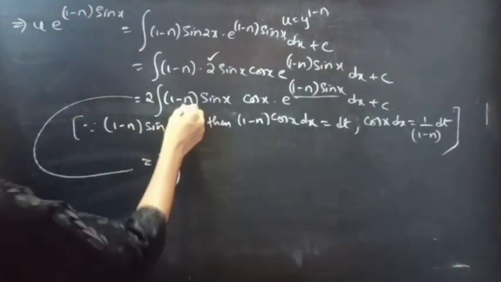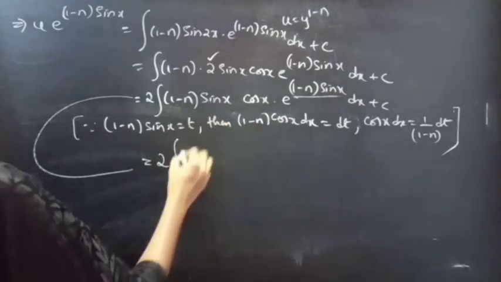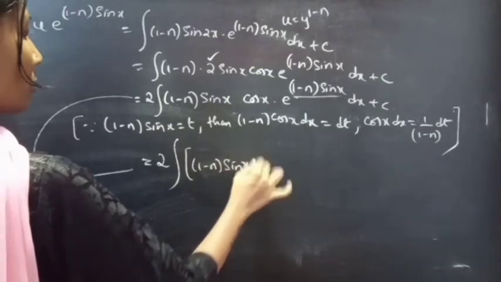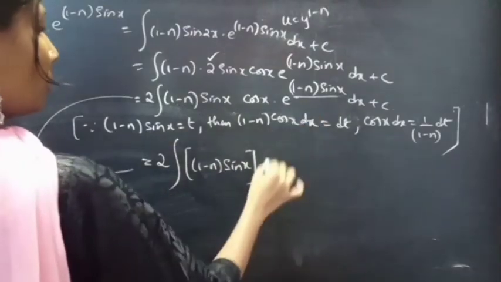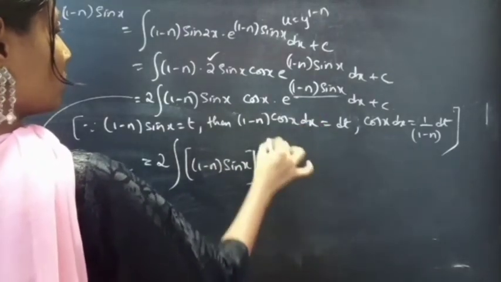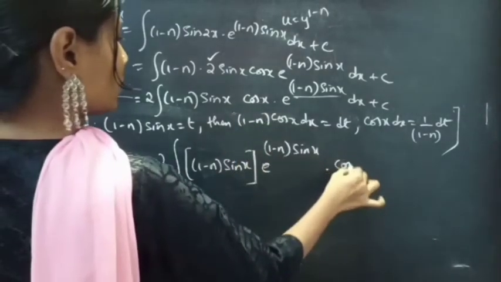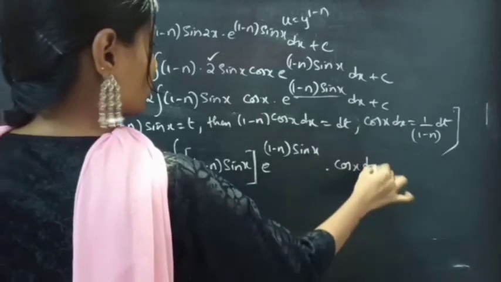So now we can write the above integrand as (1 − n) sin x times e^((1 − n) sin x) times the remaining cos x dx + c.